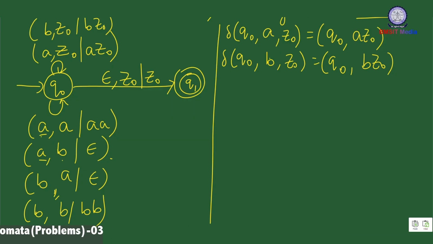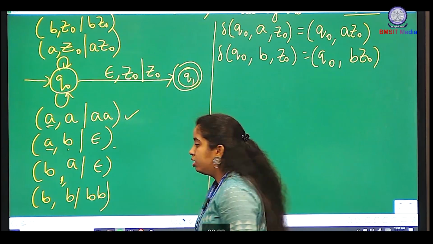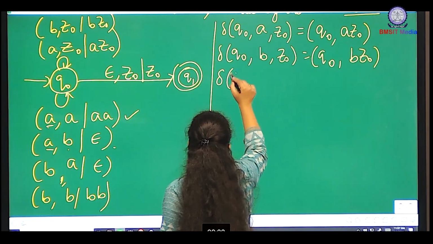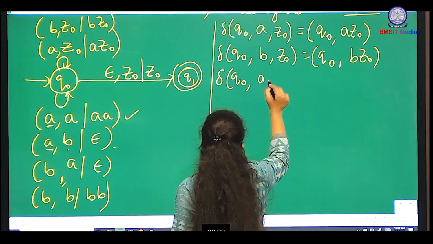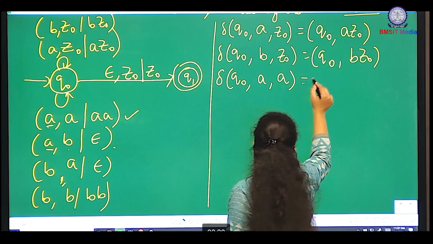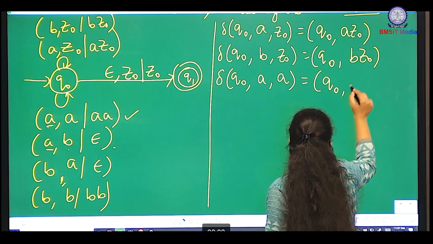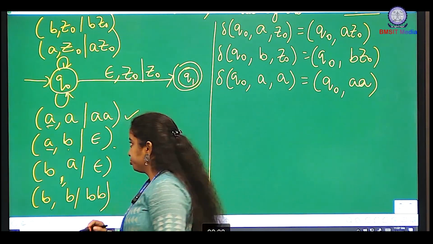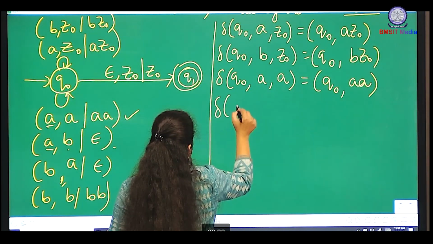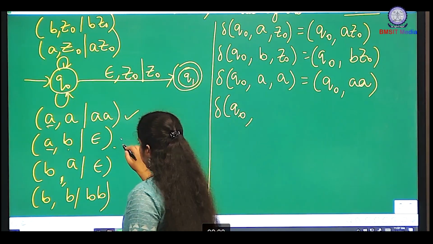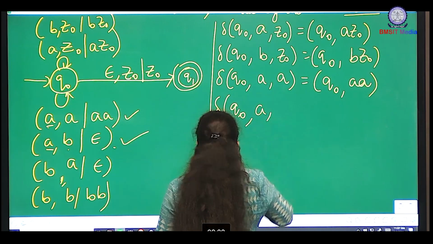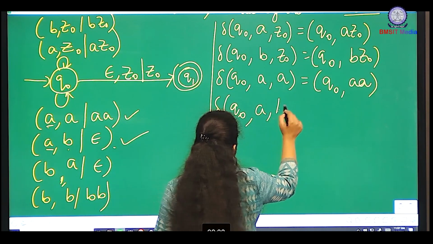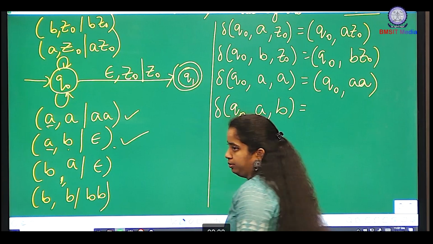Next we will write the transition function for this one. So delta, again you are in the state Q0, A is the input symbol, A is the top stack element. So Q0 A, you will be pushing it into the stack. Delta Q0, A is the input symbol, B is the stack element.